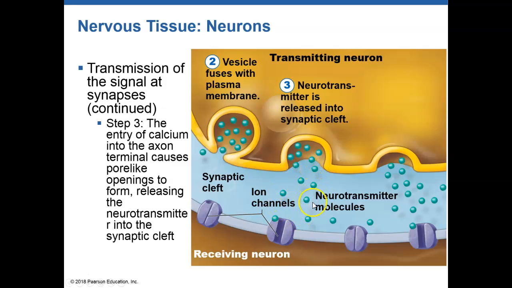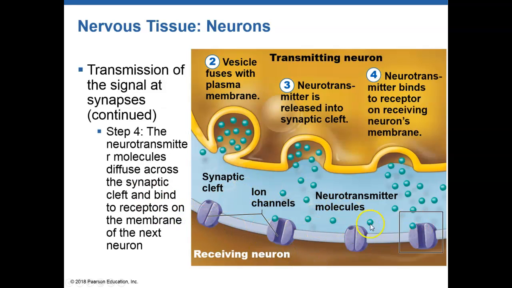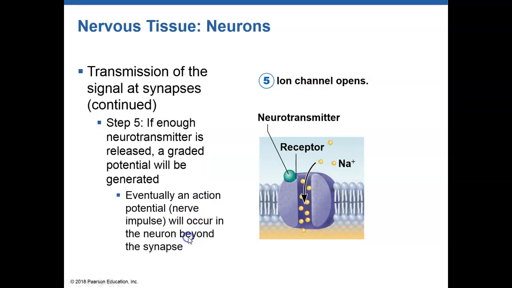Neurotransmitter is then going to move across the synaptic cleft to the neighboring plasma membrane where there are receptors for the neurotransmitter. The receptors will take in the neurotransmitter, and when that happens, it changes the structure of the receptor. Basically, these are gated channels that open, and when they open, that allows sodium to rush in.